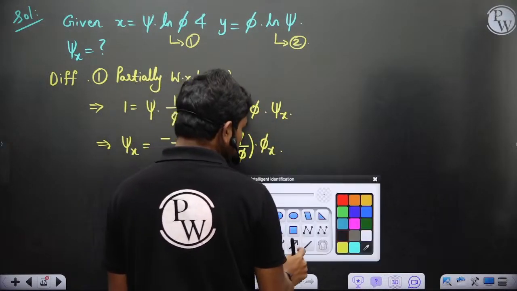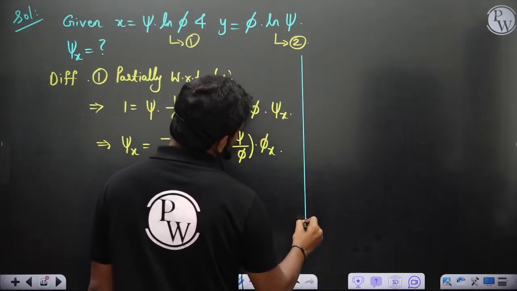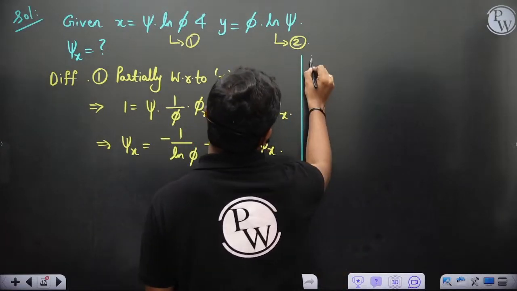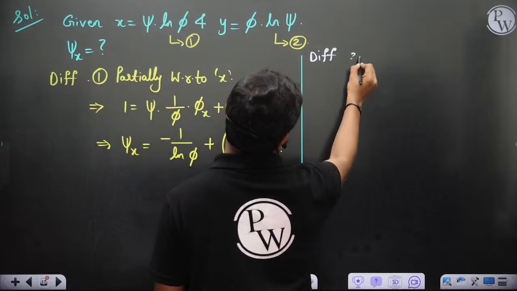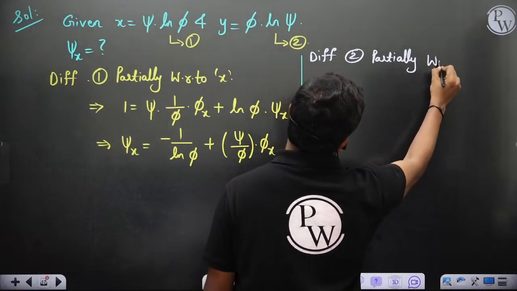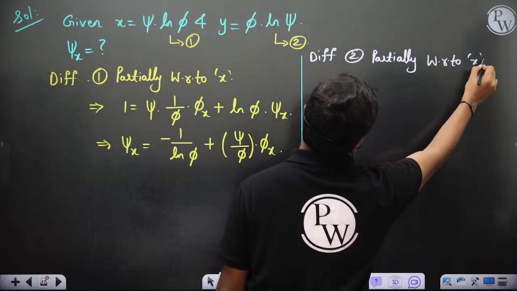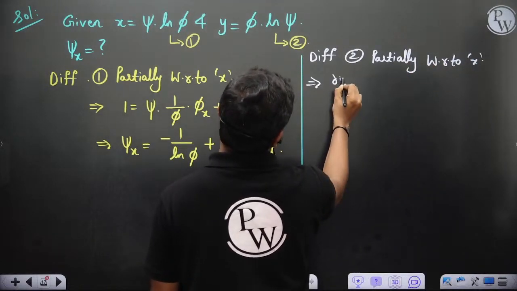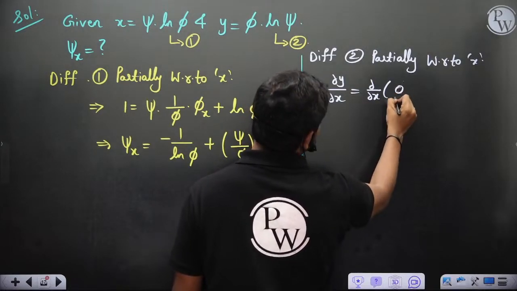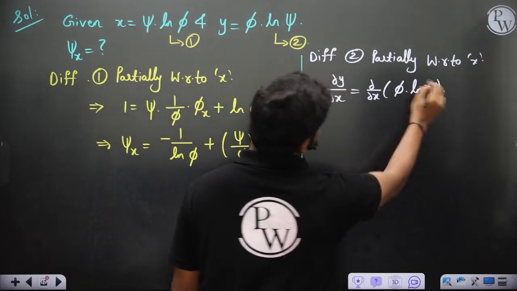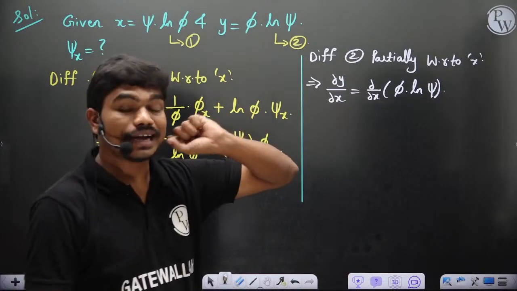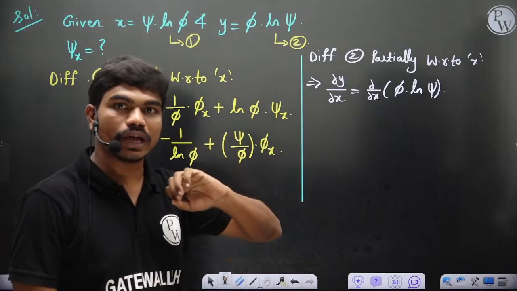So what I can do is think something creative: differentiate 2 partially with respect to x. So this implies dou y by dou x is equal to dou by dou x of phi times ln psi. Because in the options there is involvement of ln psi, and I can get ln psi only from this equation, but there is no y in the options, so I have to eliminate y.